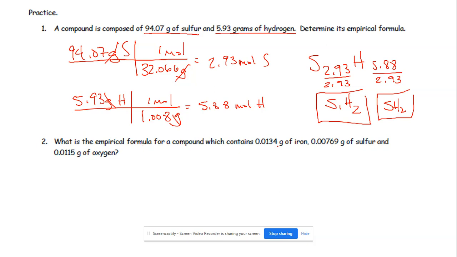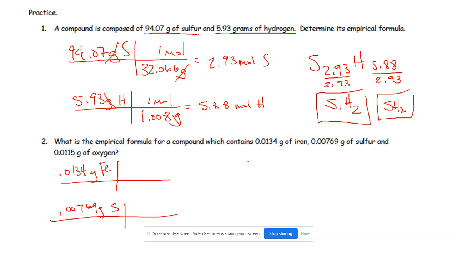Empirical formula, we have grams of iron, sulfur, and oxygen. We're going to do the same thing. Turn our grams of iron into moles, turn our grams of sulfur into moles. I'm going to put oxygen over here.